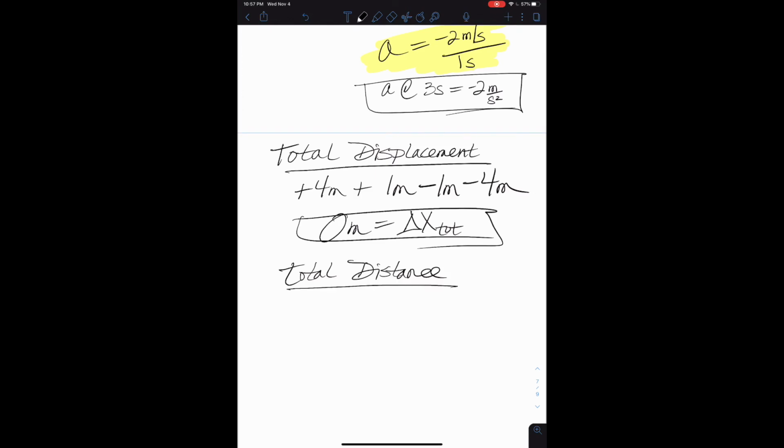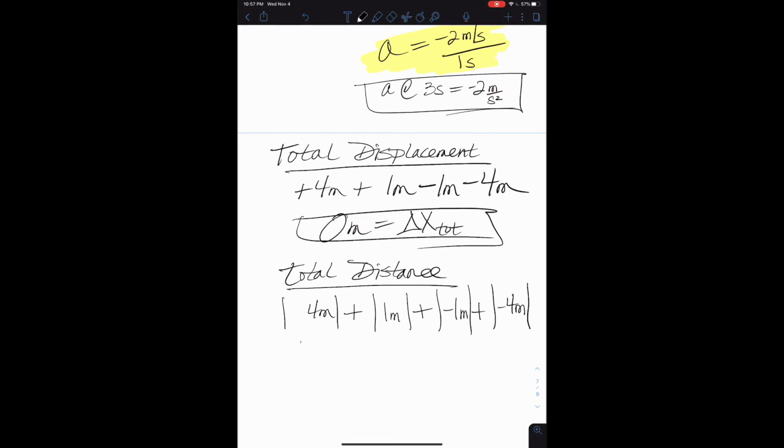So now we're going to add up the absolute value of positive 4 meters, plus the absolute value of 1 meter, plus the absolute value of negative 1 meters, plus the absolute value of negative 4 meters. All right, see where this is going?